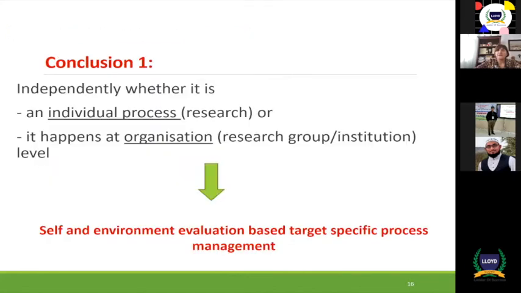So independently of whether it is an individual process, let's say a research project, or it happens at an organization level when you design the work of your research group or the work of your department. So independently of whether you work in a single project or your single individual personal life, self-evaluation, environment evaluation, a kind of SWOT analysis.